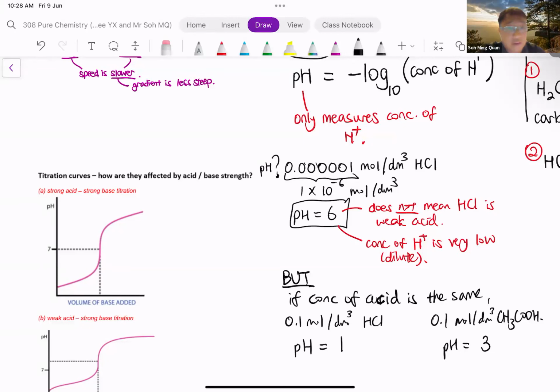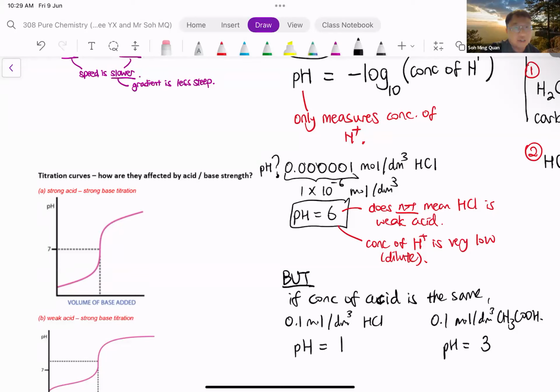So with that, we have covered pH. pH doesn't measure strength of acid. pH measures concentration of H plus. However, if the concentration of the acid is the same, then the pH reflects the strength of the acid. That's why you learn in Sec 2, right? Vinegar contains ethanoic acid.